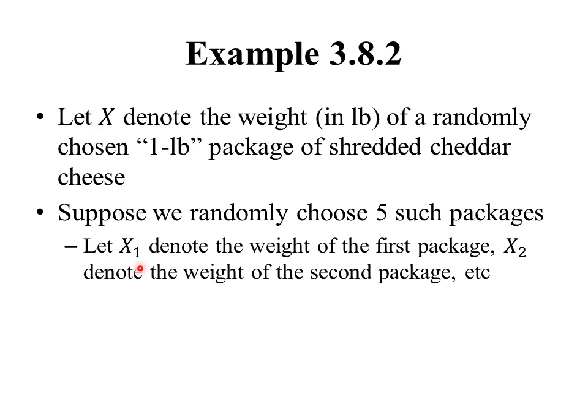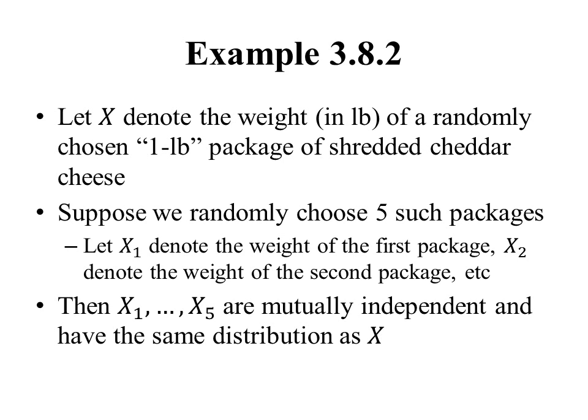It's just that x1 deals with just the first package that we choose, and x2 is just the second package. These 5 random variables are mutually independent, because we randomly choose 5 packages, and the weight of one package does not affect the weight of any other. They have the same distribution as x.